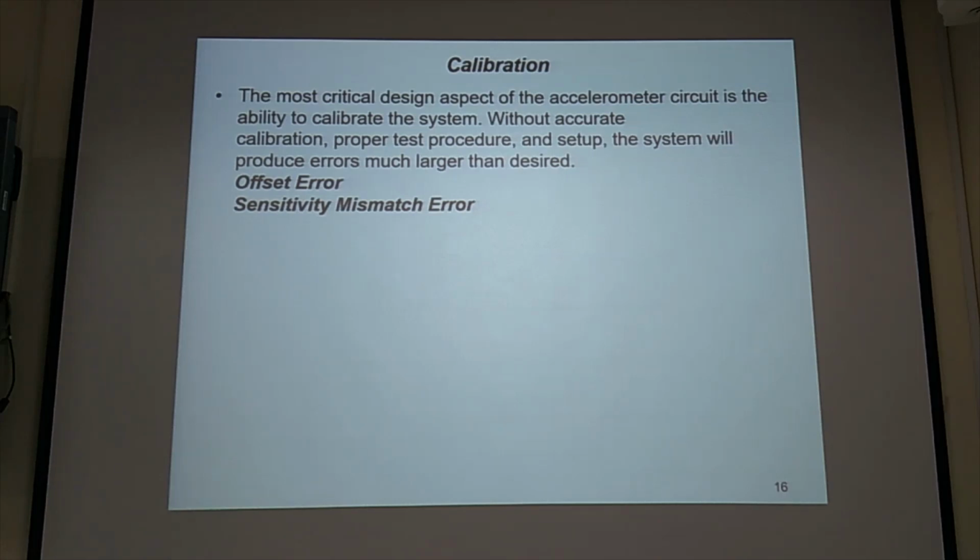So we need to calibrate this value out. Calibration is important before your experiment. Every time before you measure your result, do the calibration. Otherwise, your result is not correct.